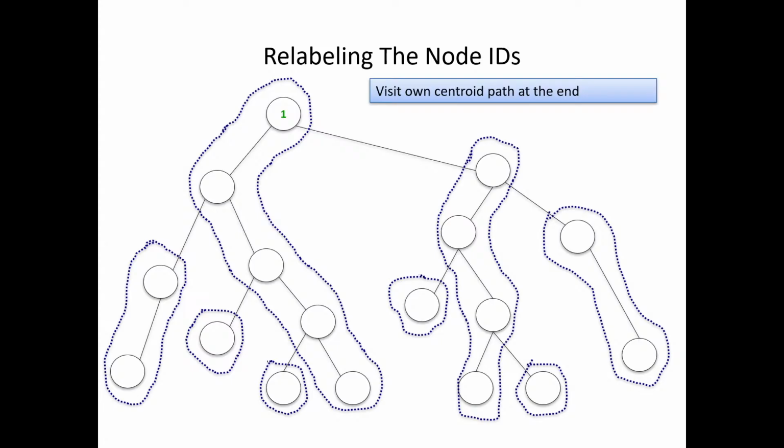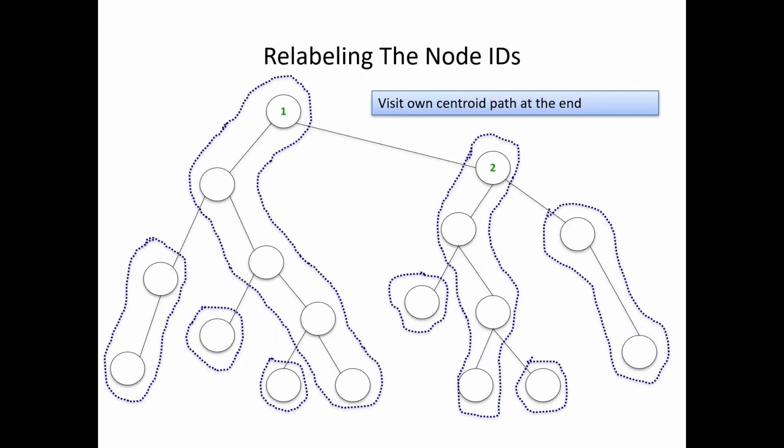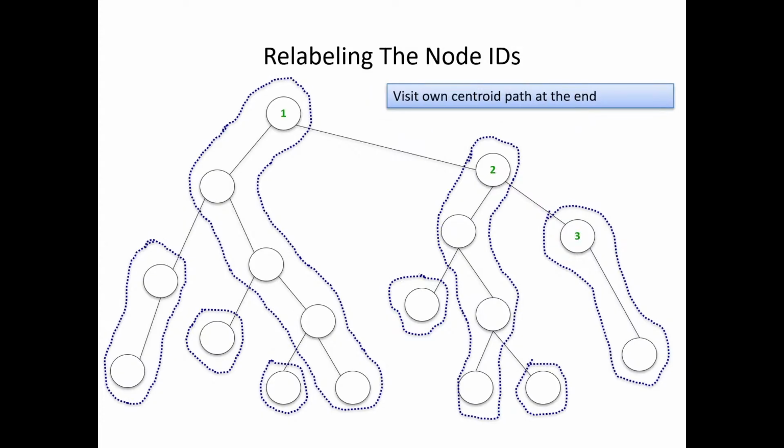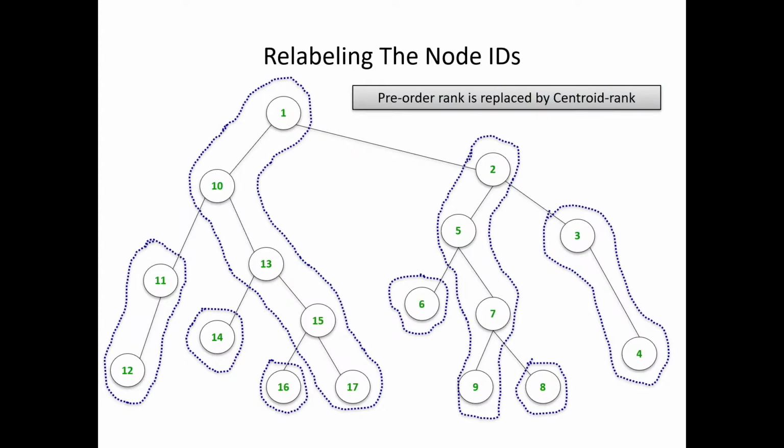We are going to do pre-order labeling, but we are free to rearrange children, and we only rearrange so that the own centroid path comes at the end. So for example, now from 1, I go to 2. I don't go here. I go to 2. Now from 2, this is the path, so I'll not go here. I'll go here to 3. Now at 3, I don't have any choice, so I just go to 4, and I fill up all the IDs like that.